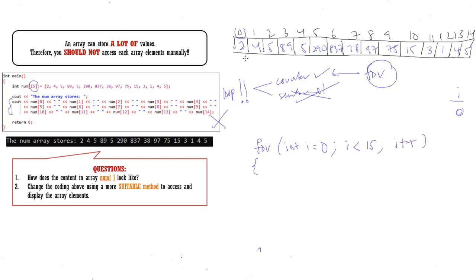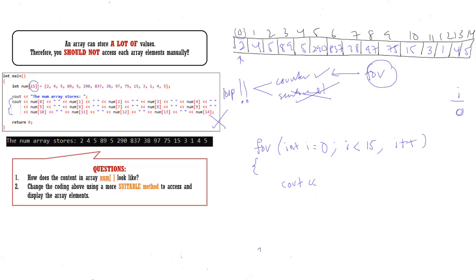So what do you want to do with the first value? I want to display my element, because the num array starts there. So I want to display the first element. To display, we write cout. What do you want to display? The element. So just write down the array and the index that we're accessing.